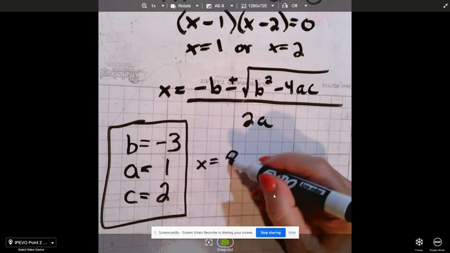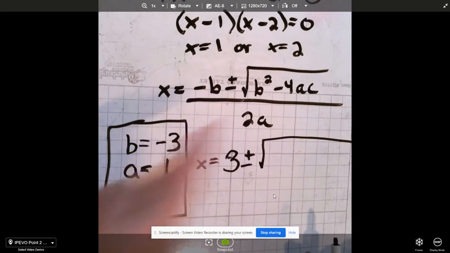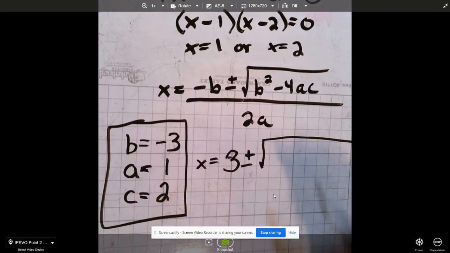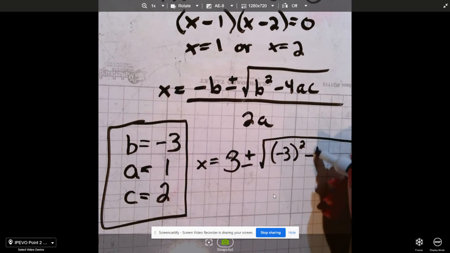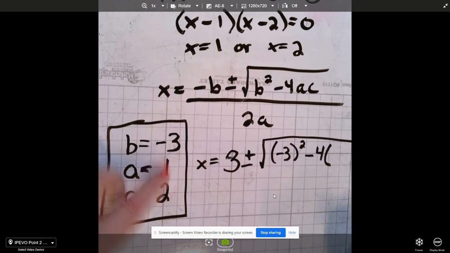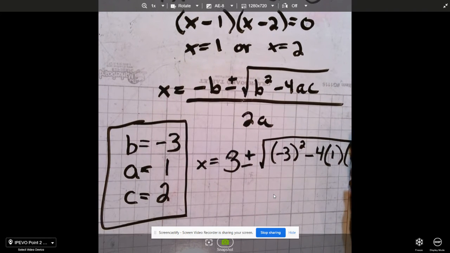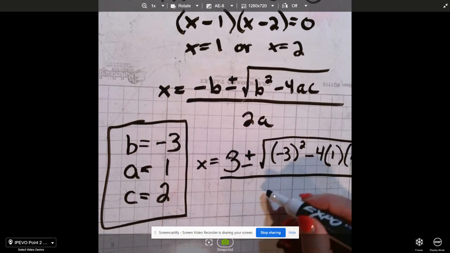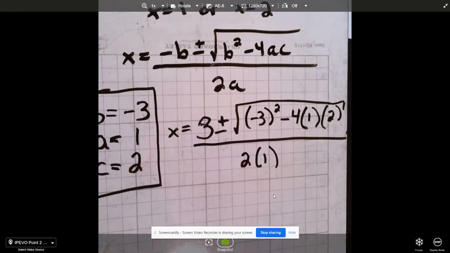So it'll be positive 3 plus or minus the square root. Well, I have to take this negative 3 and square it. So negative 3 squared minus 4 times my A value, which is 1, and my C value, which is 2. I'm going to divide that whole thing by 2 times A, which is 1. So there's my quadratic formula.